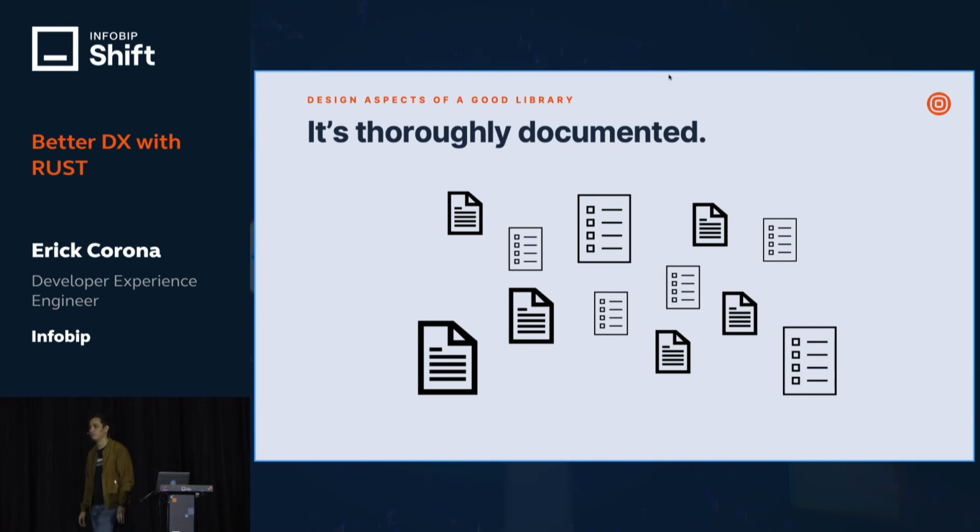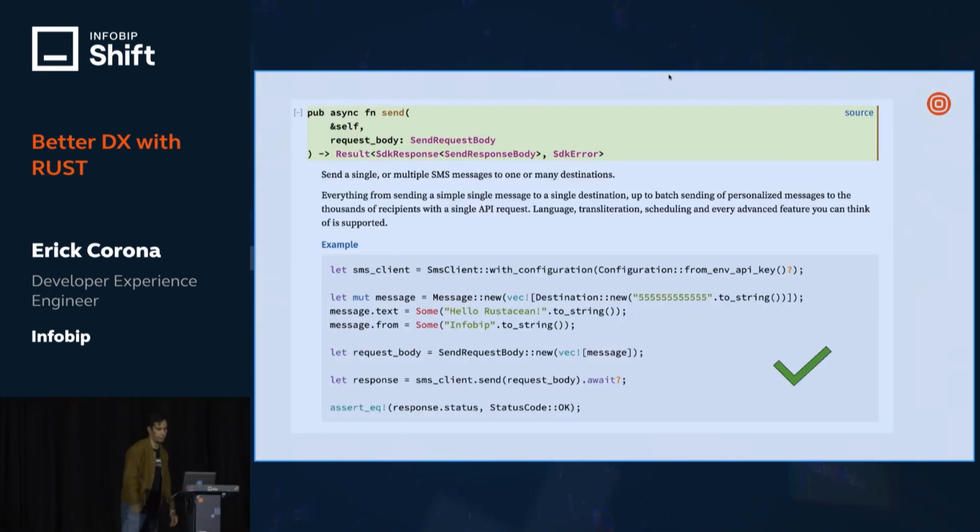Another cool thing is that it's thoroughly documented, so that makes it much easier to use the library without having to look at too many examples or stuff like that. We are using the official way of documenting Rust libraries, which is docs.rs. There you can find a description of every function, what it receives, what it returns, and some description of the function.